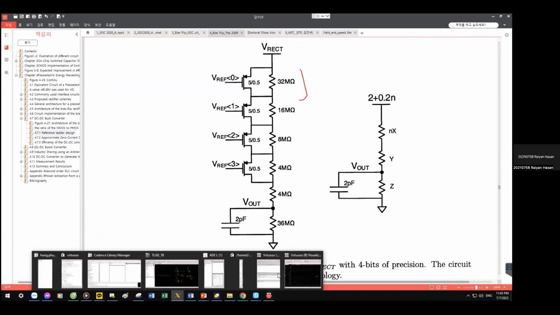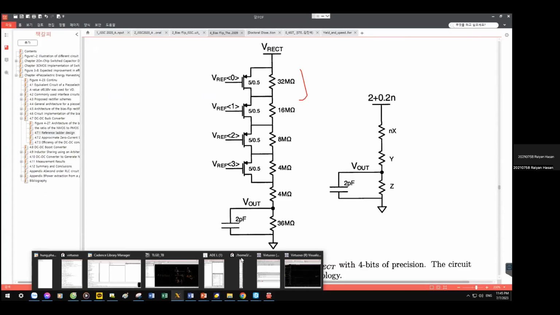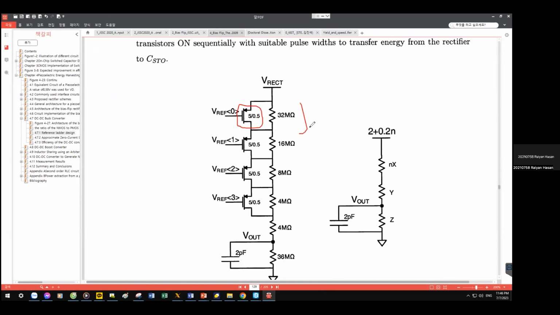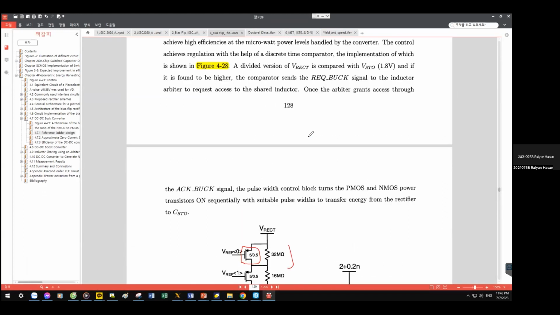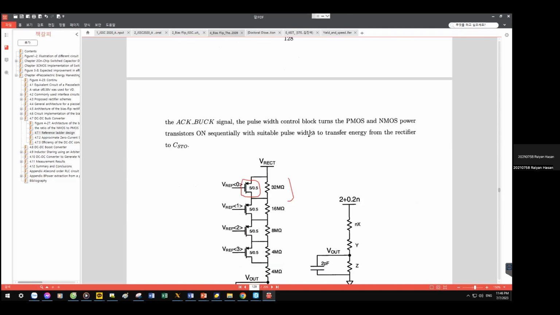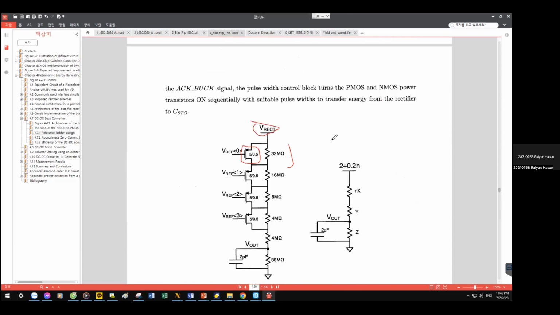So speed mode is your register you made. In here, the rectified voltage is from 2 to 5.